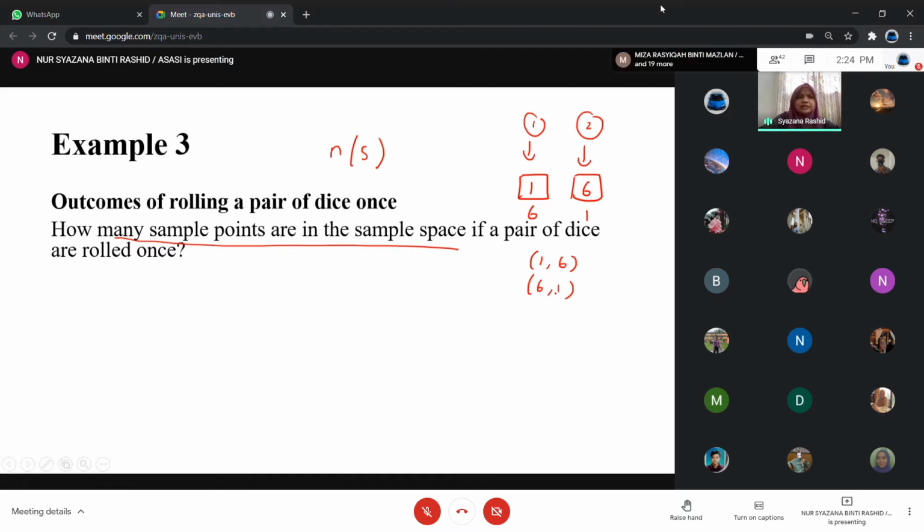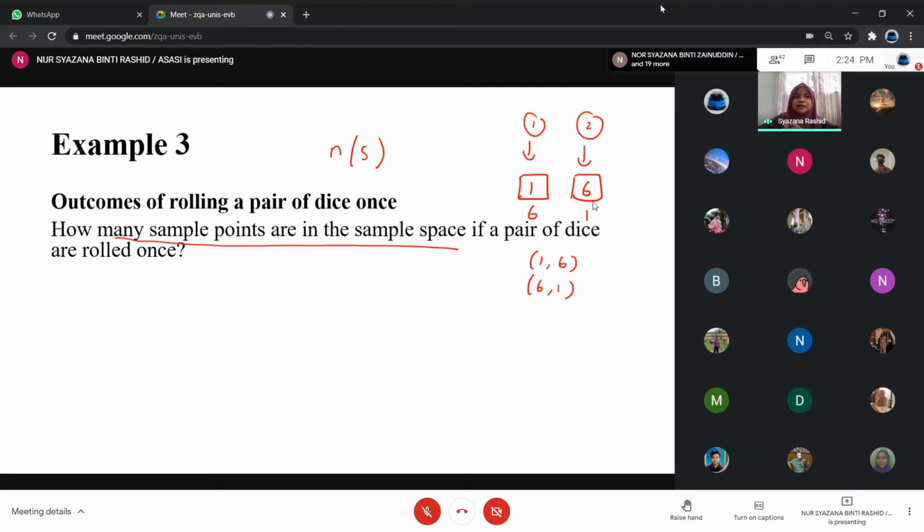So in this case, even though you roll once, there are 2 trials. What are the trials? Observations. We observe the first die, that is the first trial, and in the second trial we observe the second die.